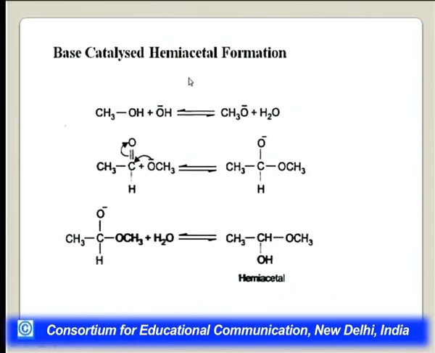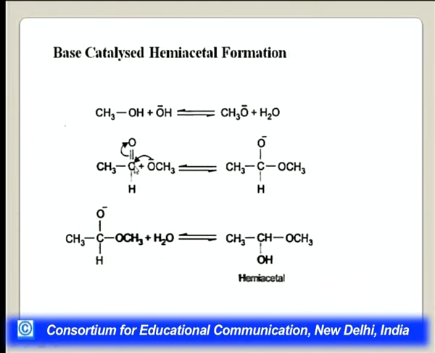This is base catalyzed hemiacetal formation. Here you can see first what happens. The base OH attacks and creates this kind of anion, methoxide, and it attacks this electrophilic carbonyl carbon, and you will get this kind of intermediate. Because of the electronegativity difference, the bonded electrons shift towards the more electronegative oxygen atom, and this carbon becomes electrophilic, that is, it acquires a positive charge.